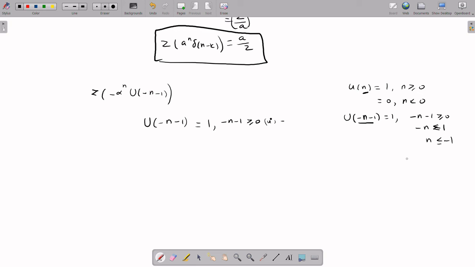So when n is less than or equal to minus 1, it takes the value 1, otherwise it becomes 0.